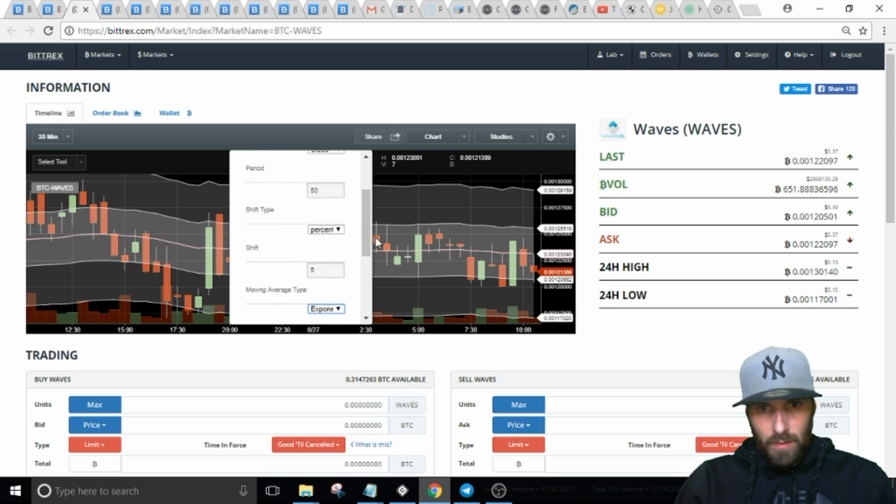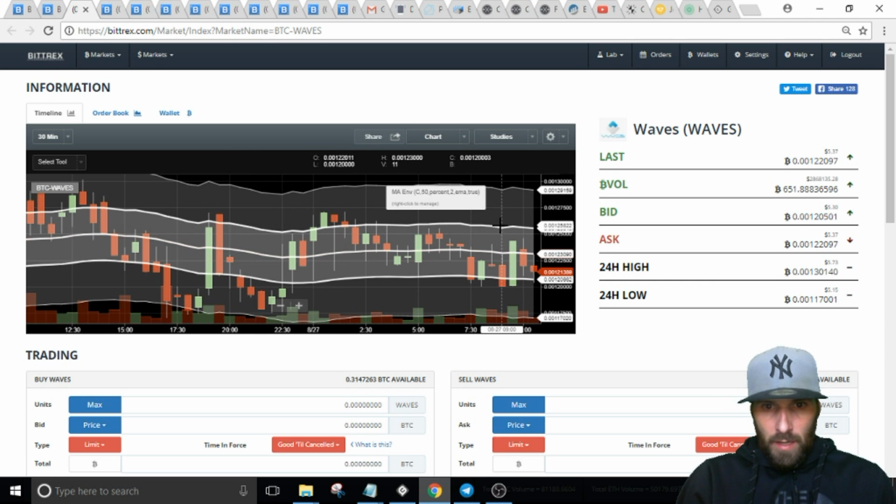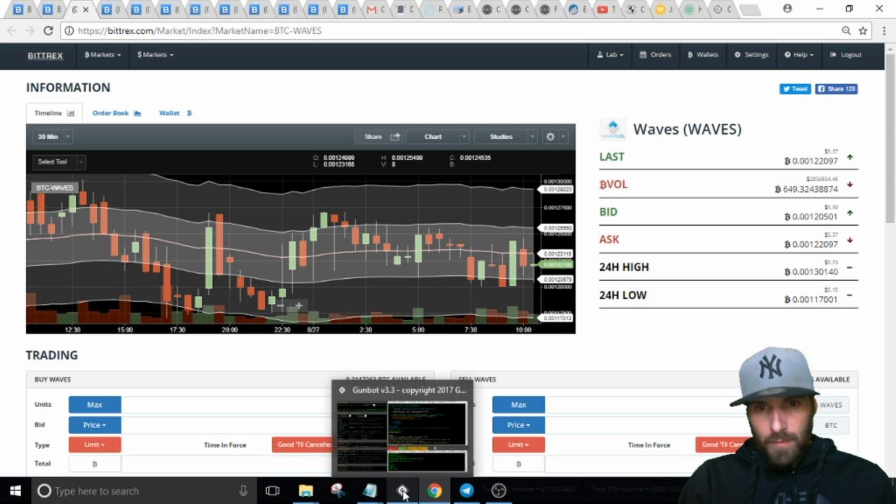So what I have done already is I put 2 of these envelopes up, and I have 2%, which is this one obviously, and 5%, which is the wider one. So let me just go back to the bot and show you something here. Remember, middle line is the EMA.